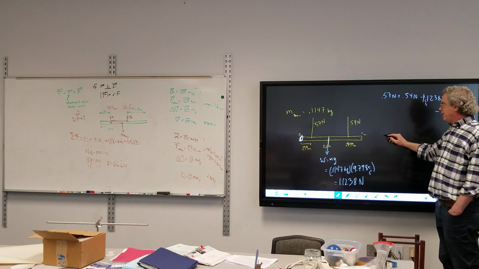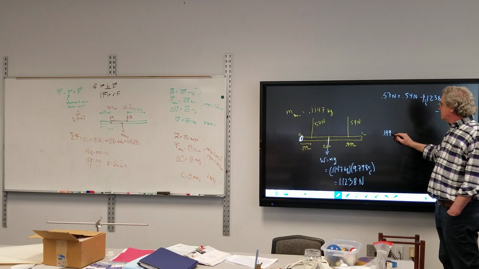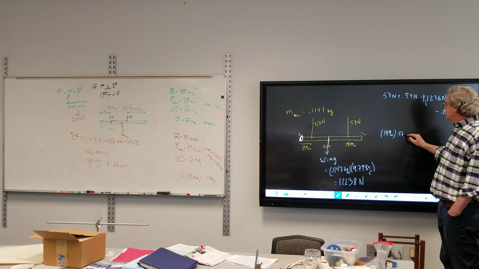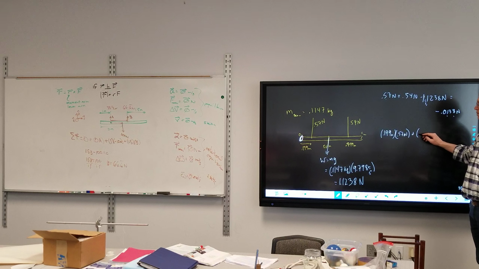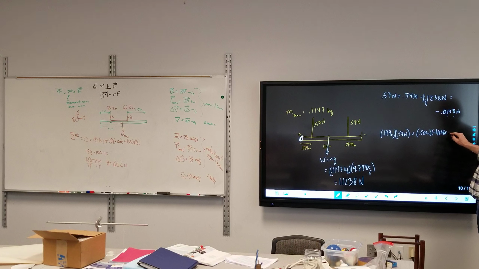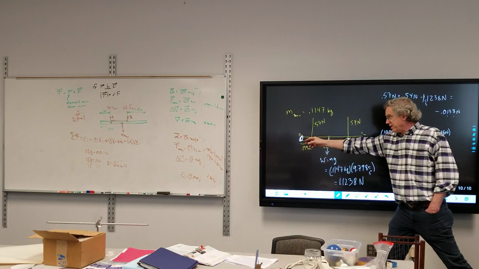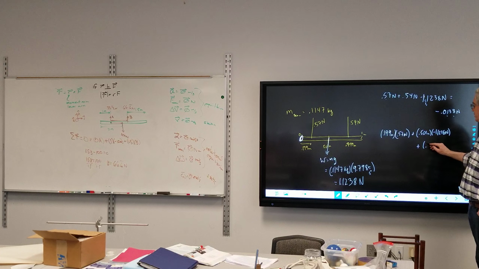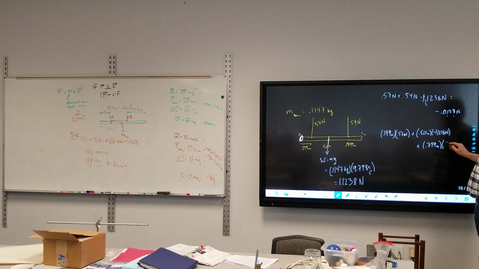So my torques: my R 0.199 times 0.57 newtons, plus 0.501 meters times negative 1.1238, plus the last R from the axis to where the force is applied, 0.799 meters, times 0.54 newtons.